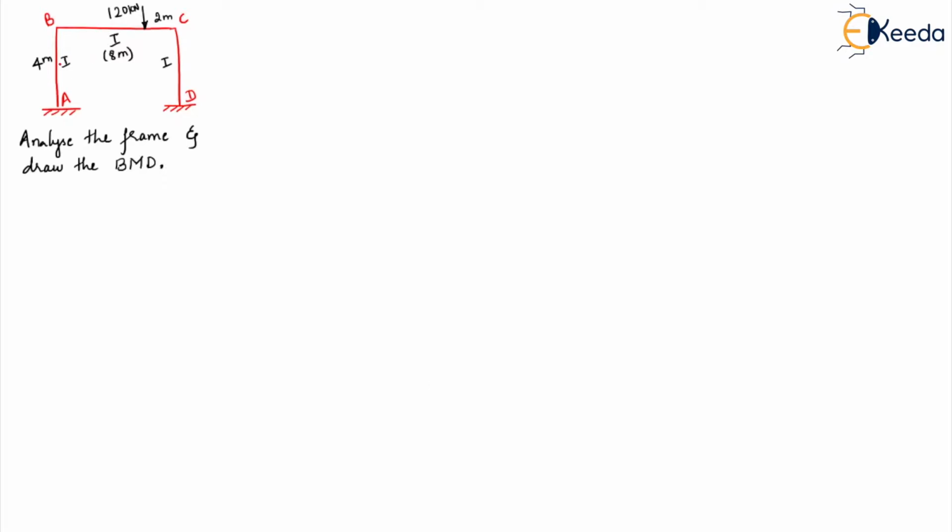Right. Now before getting into the problem, see this is an indeterminate structure, a frame. We have to make a basic determinate structure. Now how can we make a basic determinate structure? There are two fixities here.